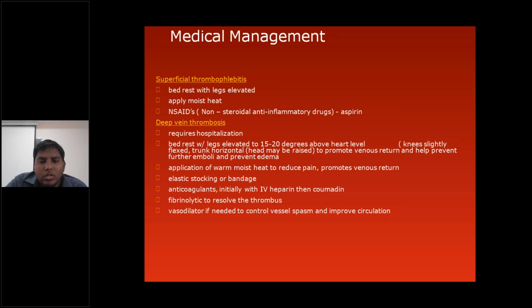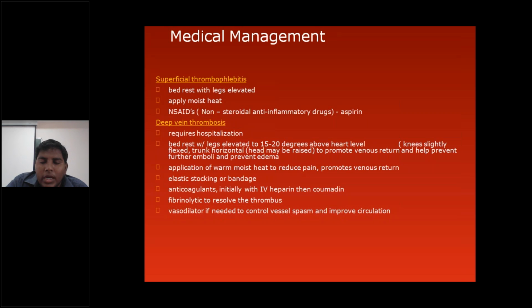So elastic stockings are used to reduce the inflammation and associated edematous changes. Initially, the anticoagulant you use is IV heparin, because in the early days of administration of warfarin you need to combine it with heparin, since in the early stages warfarin has procoagulant activity.